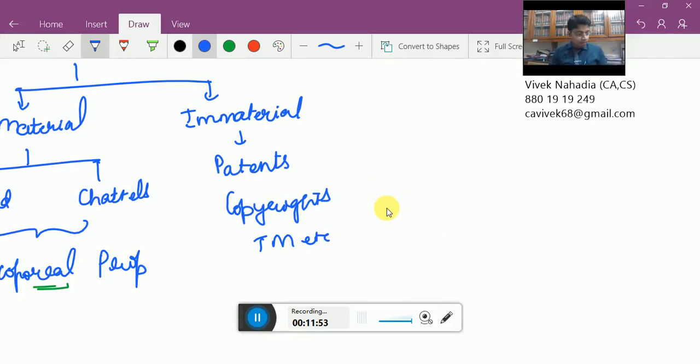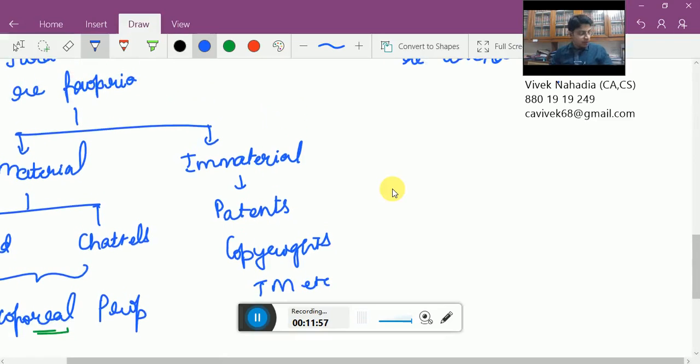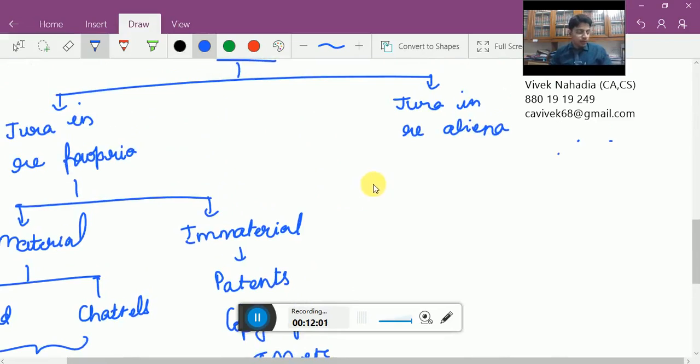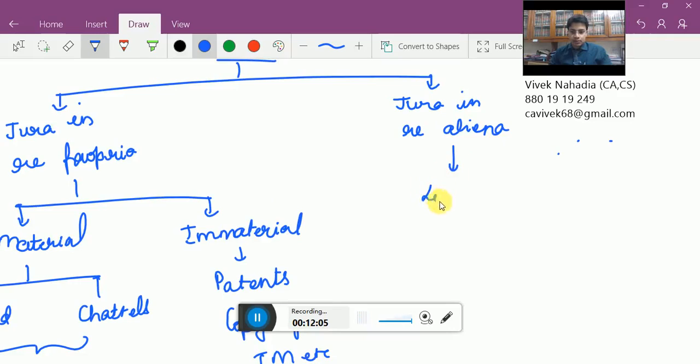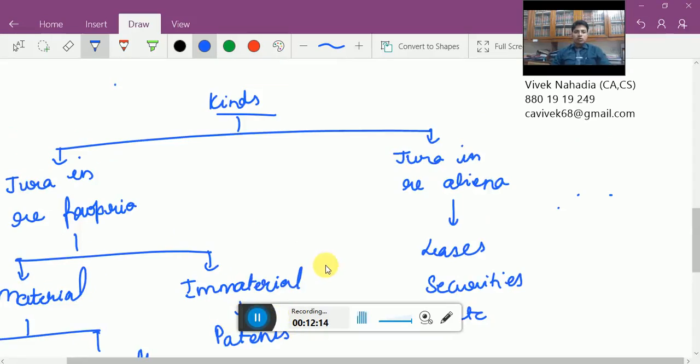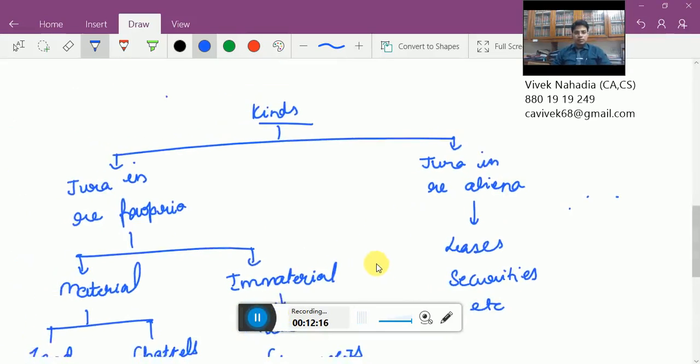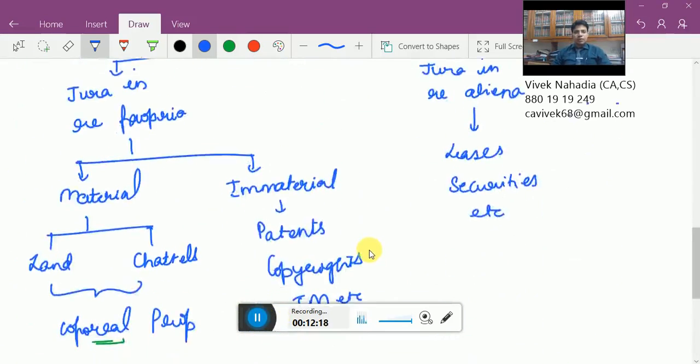And the second kind of property is jura in re aliena. This includes leases, securities, etc. So let me summarize this. Kinds of property.